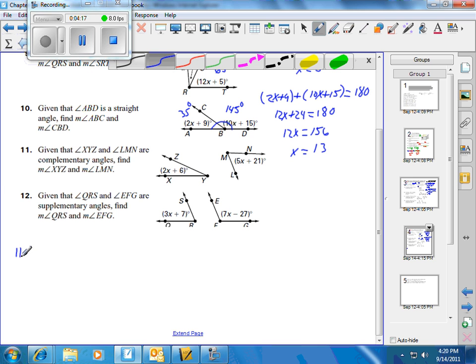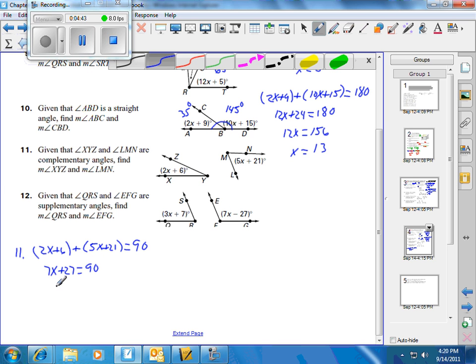So for number 11, we have 2x plus 6 plus 5x plus 21 is equal to 90. So 2x plus 5x combined like terms is 7x. And then we have a positive 6 plus 21. That's a positive 27 equal to 90.